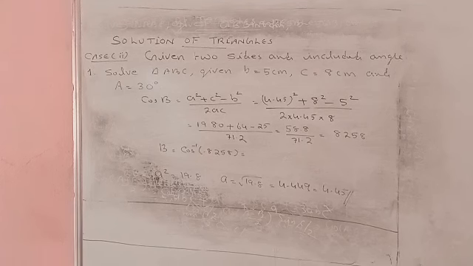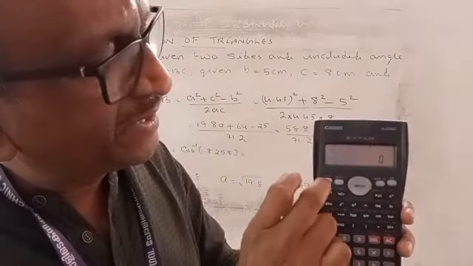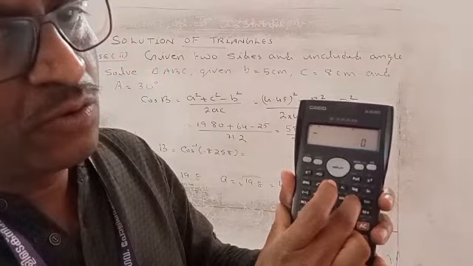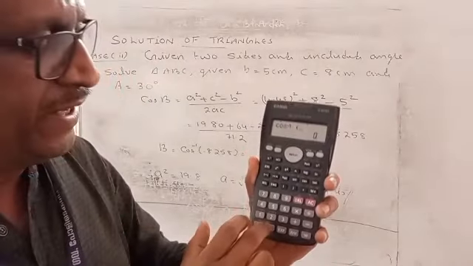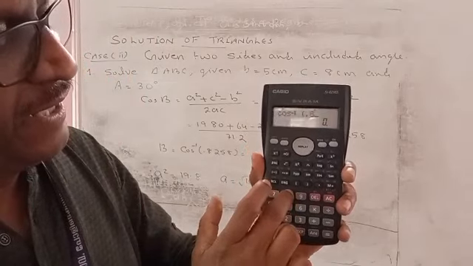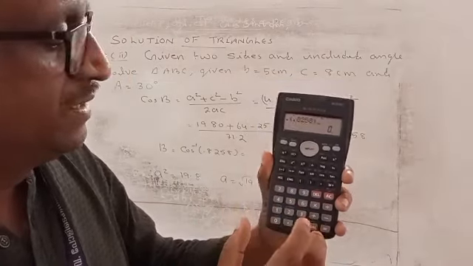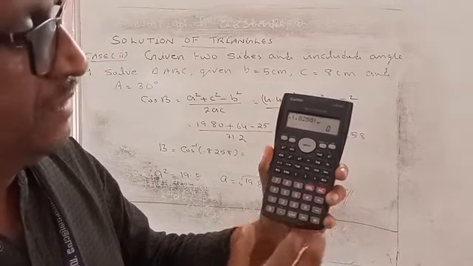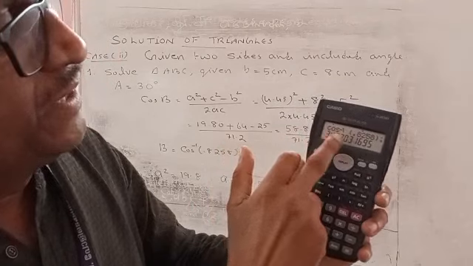To find the value of B using the calculator, first press shift, then press cos, then left parenthesis, then 0.8258, right parenthesis, is equal to 34.33 degrees.